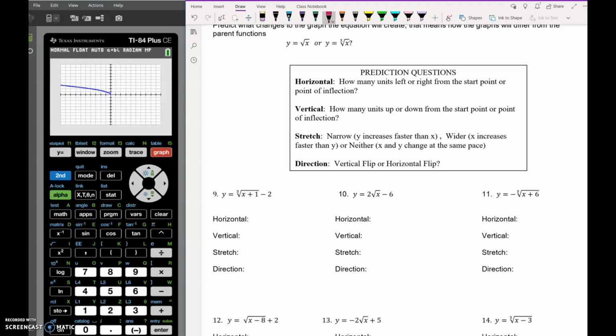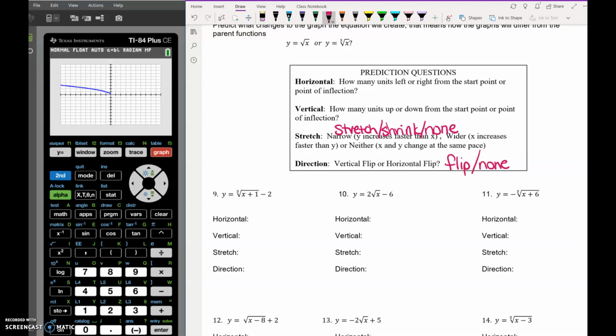For stretch, I want you to say stretch or shrink or none. For direction, I want you to basically write down, is there a flip or is there none? I took out all of the horizontal flips on this.